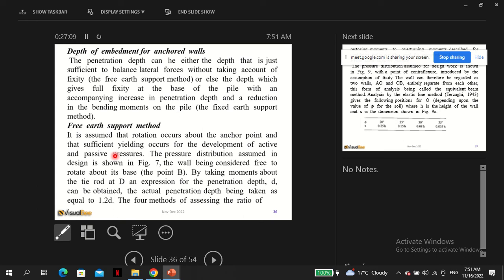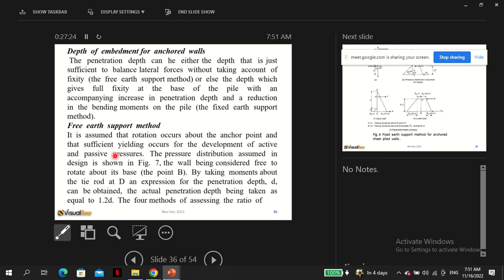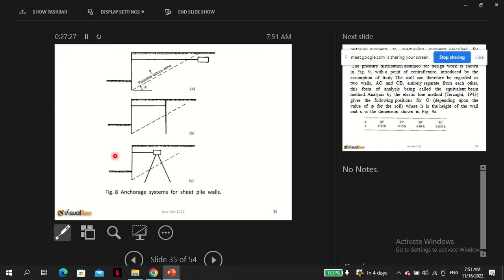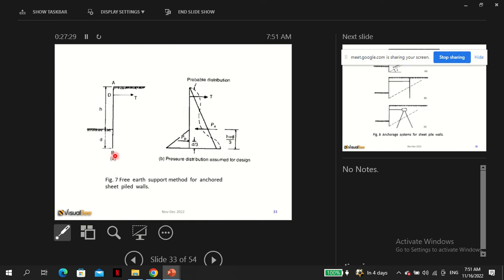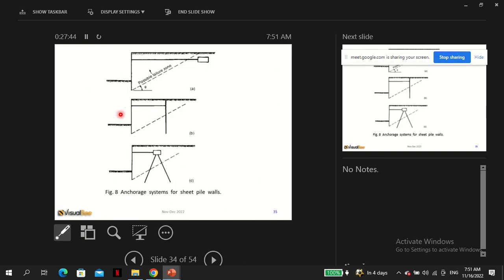The four methods of assessing the ratio of the restoring moments to overturning moments described for cantilever walls are also used for anchored piles. So the same idea, actually, free earth support. You assume the pile is rotating from here. Then you take moments about point D. The beauty is, if you take moments about point D, then T will have no moment, and that will simplify your work.